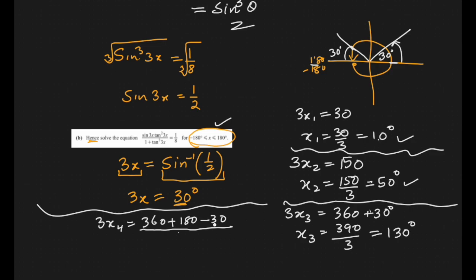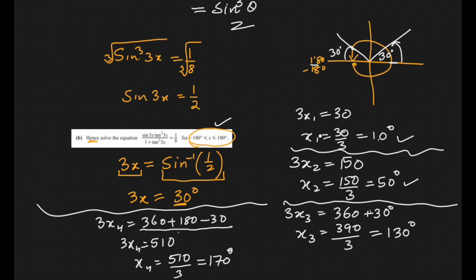So 540 minus 30 is 510. So 3x4 is equal to this. So x4 equal to 510 divided by 3, which is 170. Okay, we got the fourth answer also, which is within our domain.